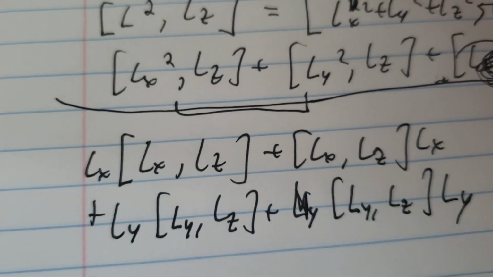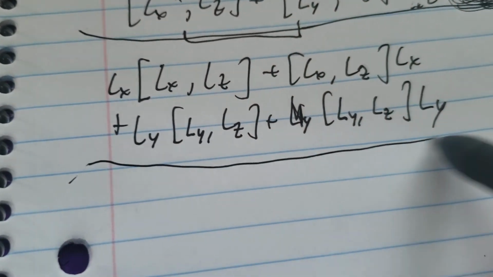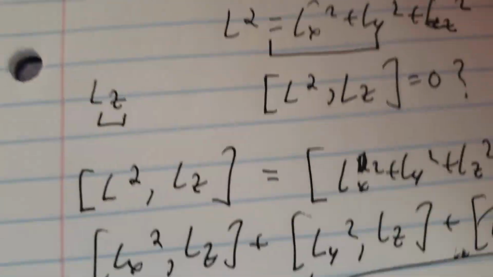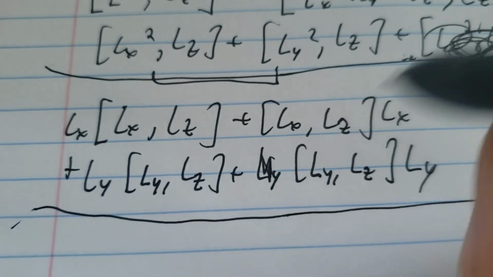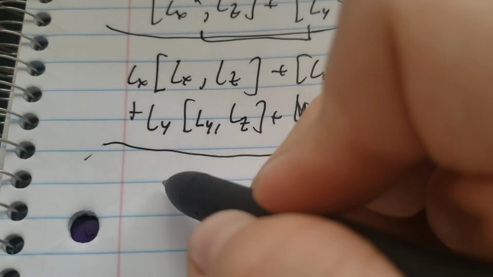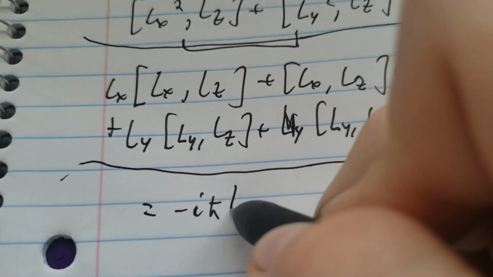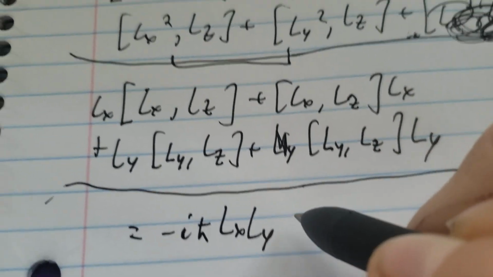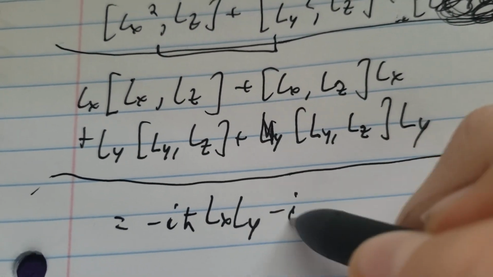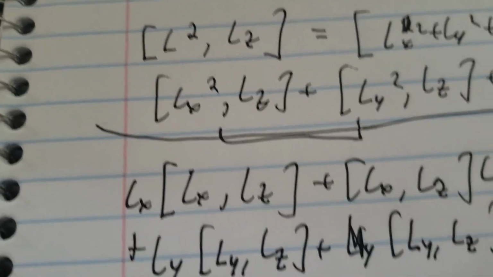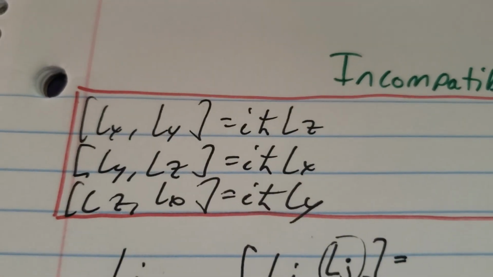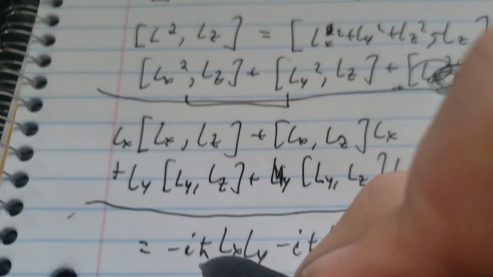Well, from our commutation relations, we know that Lx with Lz is just negative i h bar times Ly. So negative i h bar Lx Ly, negative i h bar Ly Lx. And we know that Ly with Lz is i h bar Lx.